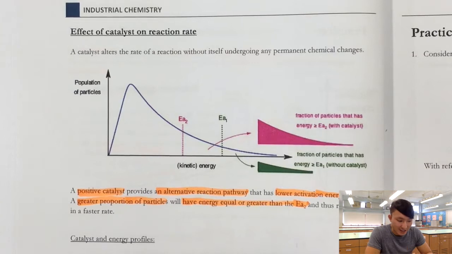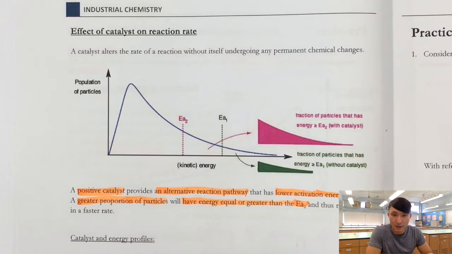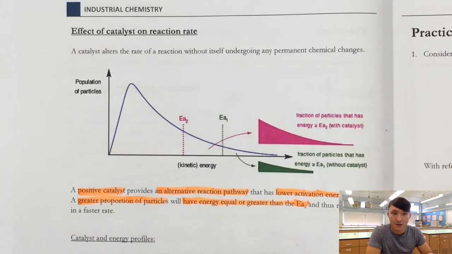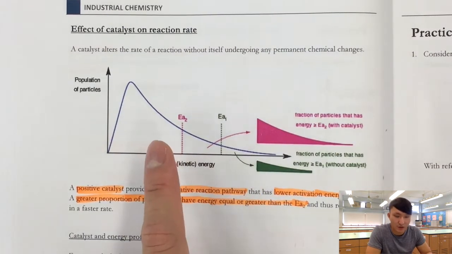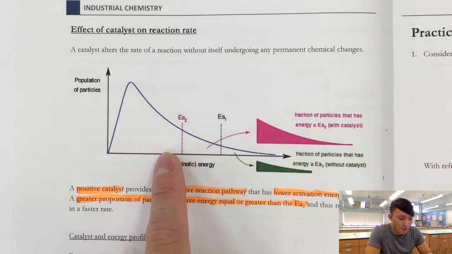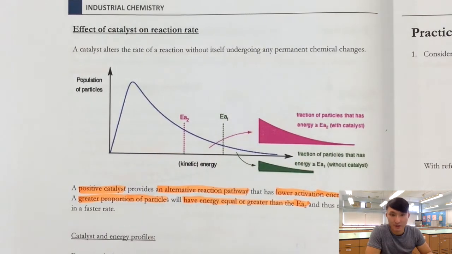But a catalyst simply providing a shortcut, simply providing an alternative reaction pathway. And if the reactant goes for the alternative reaction pathway, then the activation energy is lower. So you can tell in reality, of course, most of the reactant will go for the alternative reaction pathway. Therefore, it will be leading to a faster reaction.